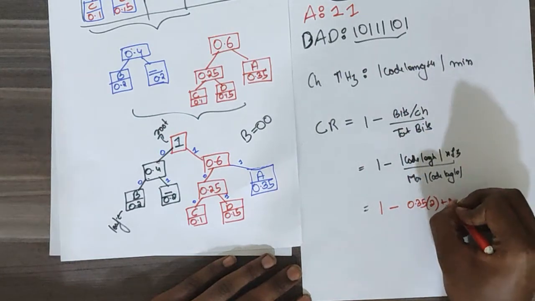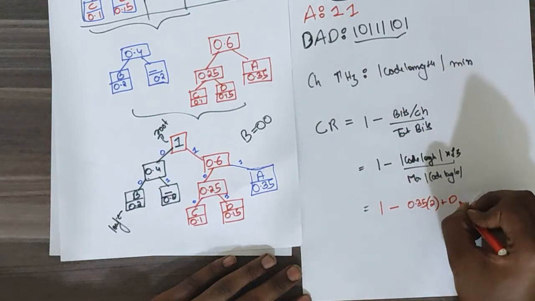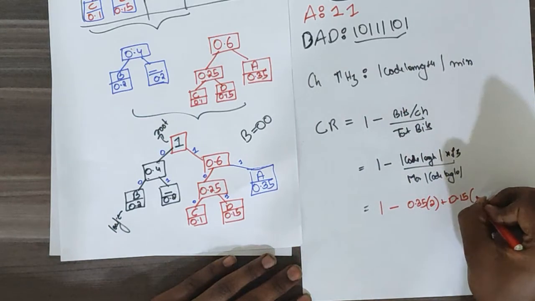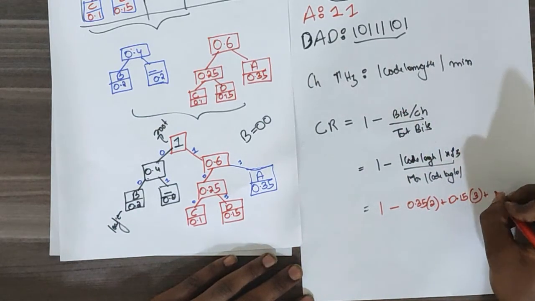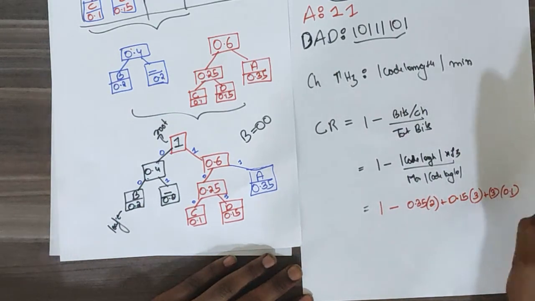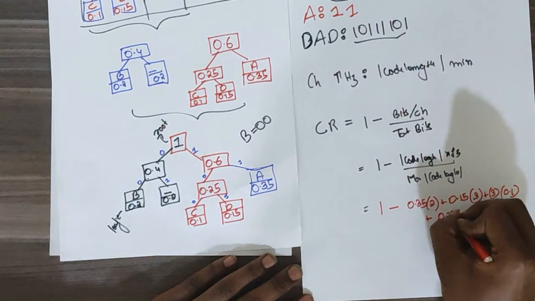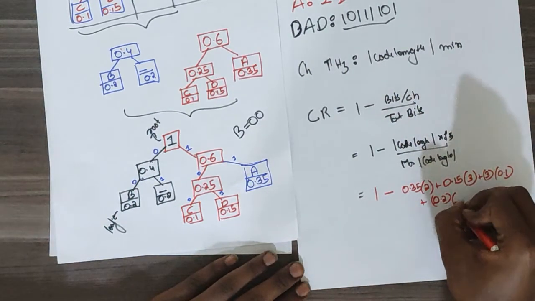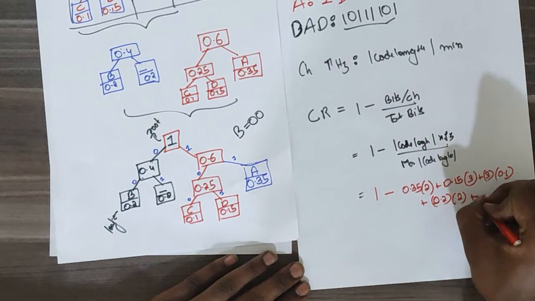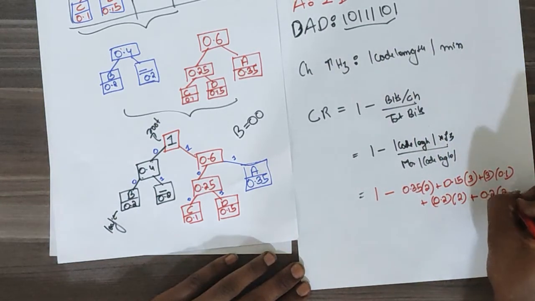Similarly, we have for D: it has 0.15 frequency and code length 3. And similarly C has code length of 3 and frequency 0.1. Similarly, space has frequency 0.2 and code length of 2. And B also has frequency of 0.2 and code length of 2.